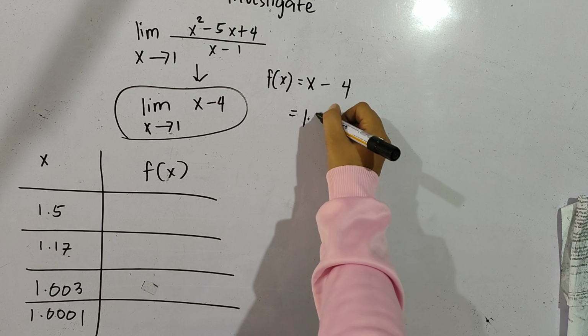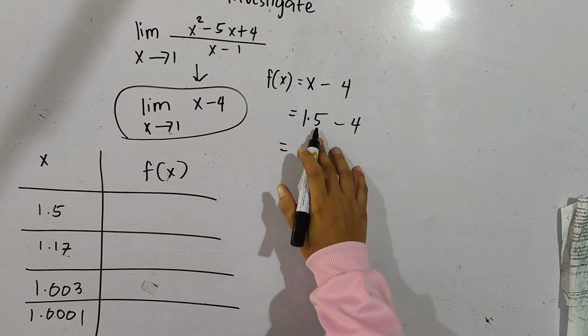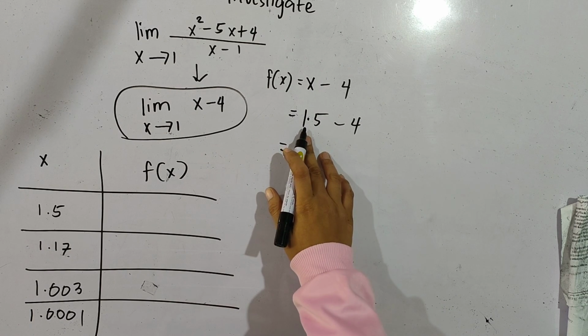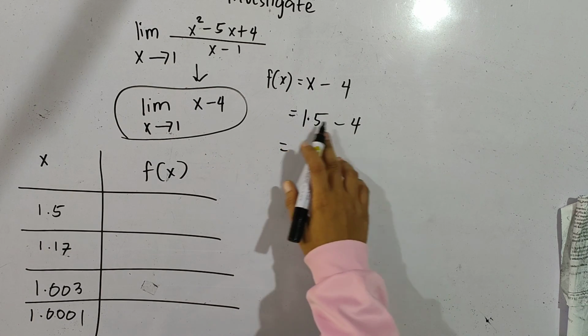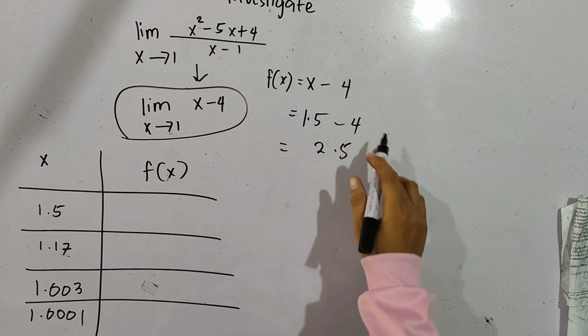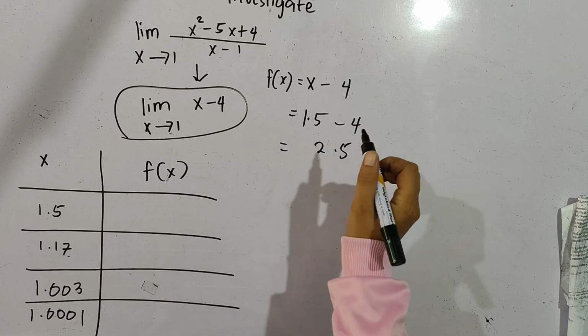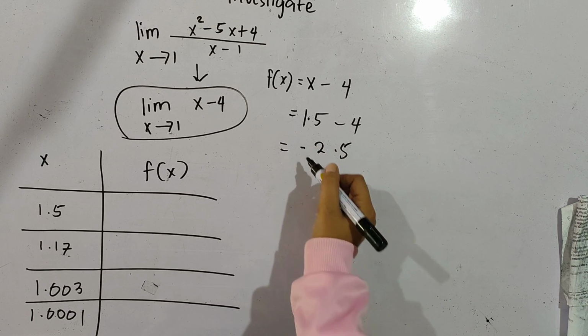So, 1.5 minus 4 is equals to, always remember, mas dako si 4 kay kang 1.5. So, 4 minus 1.5 is 2.5. Kay dako man si 4, so let's copy sa atong kapihon ang iyang sign nga negative.